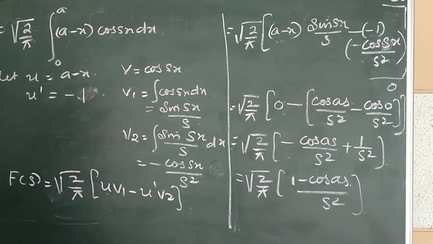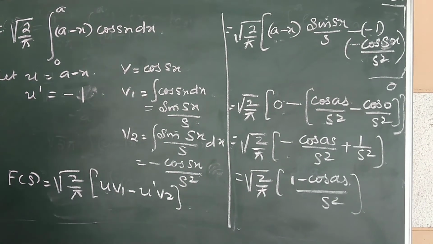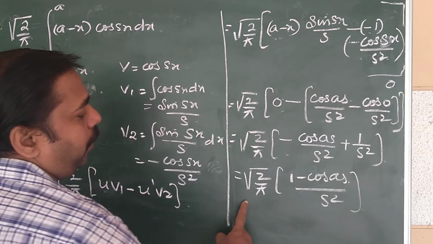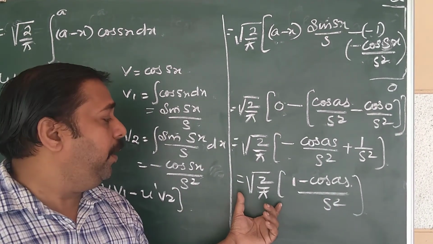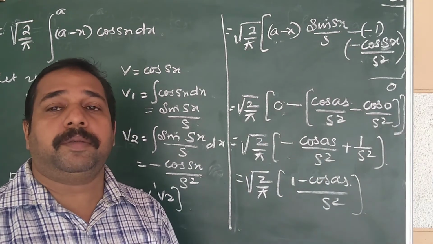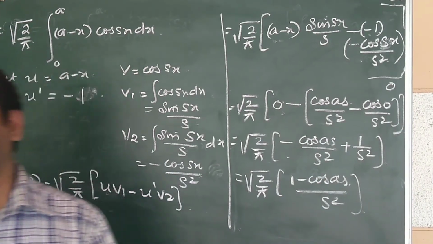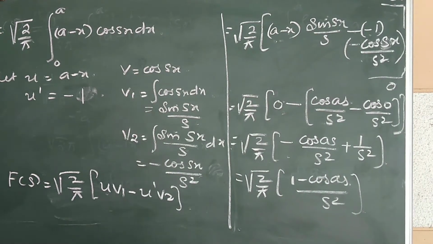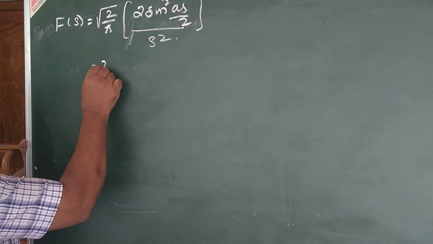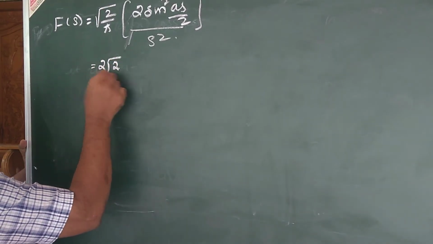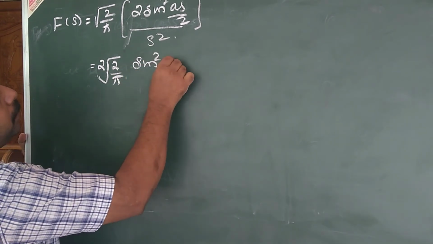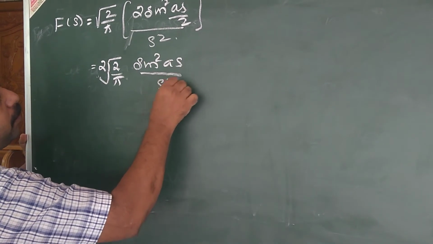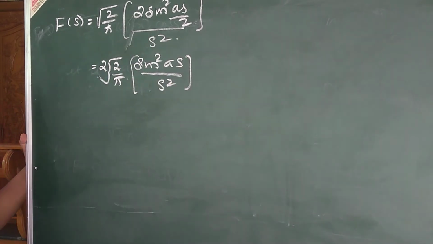So this is the required answer for capital F of s, and f of s is equal to root of 2 by pi, 1 minus cos as by s square, that is 2 root 2 by pi, sin square as by 2 divided by s square.